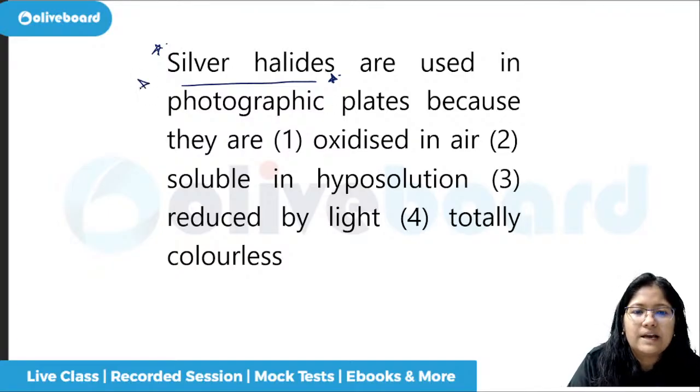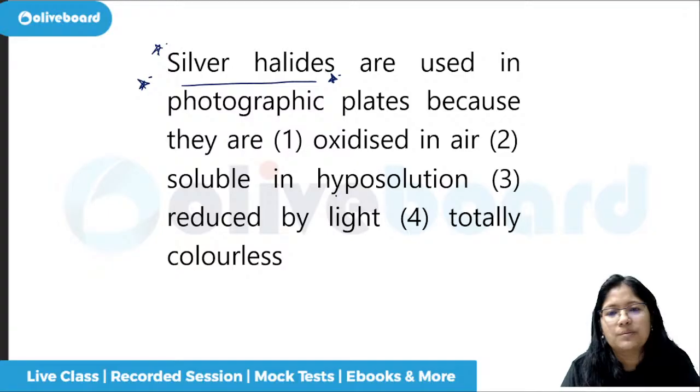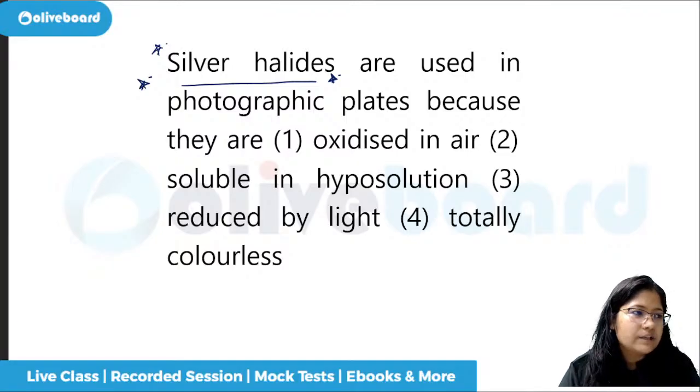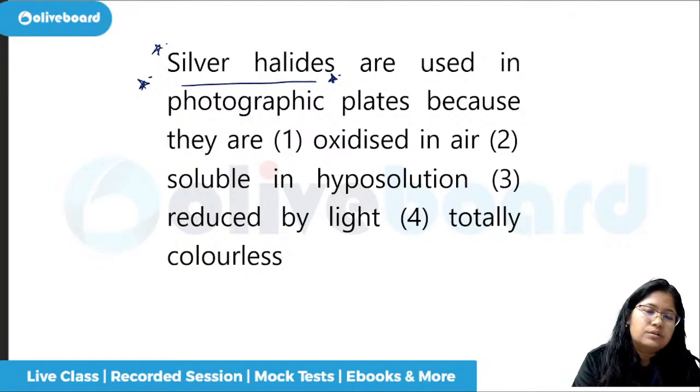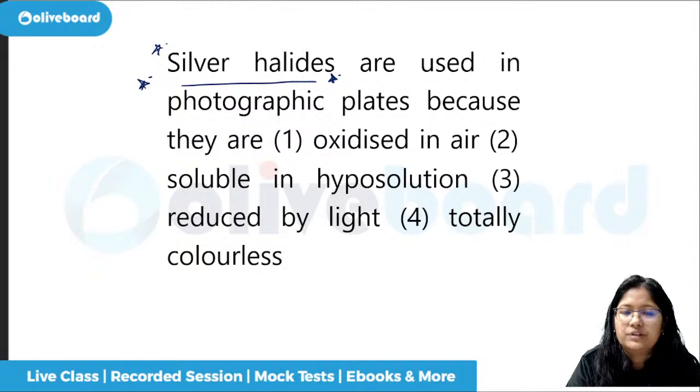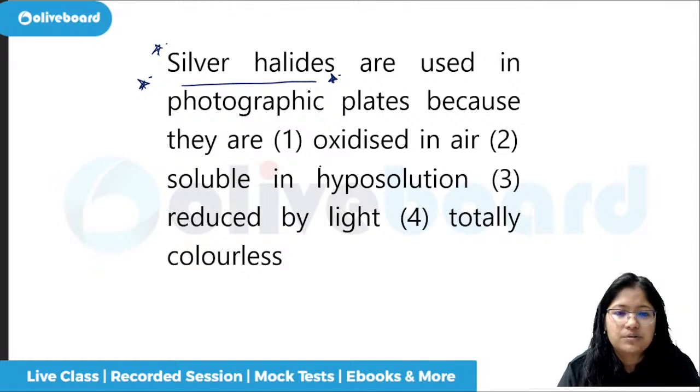The silver halides are reduced by the light, as a result of which photography takes place, and you will also see that those rooms where they are working with the photographic films are always dark. You see in the movies also that they are dark rooms. Okay, so that is the reason, because they are reduced by light. So 3 is the correct answer.